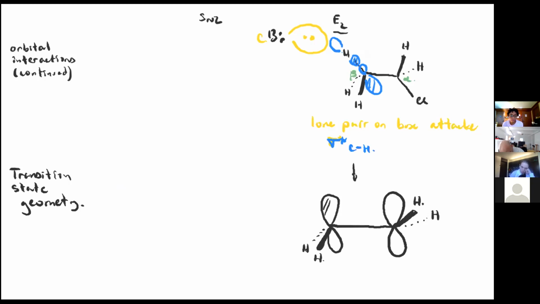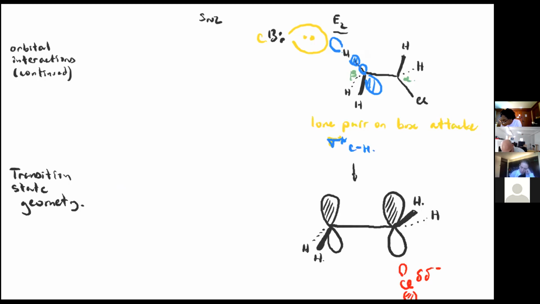So I've got something like that. My chlorine is now taking electrons. Sorry, that's cut off, but you get the idea. It's starting to accumulate negative charge in the transition state.